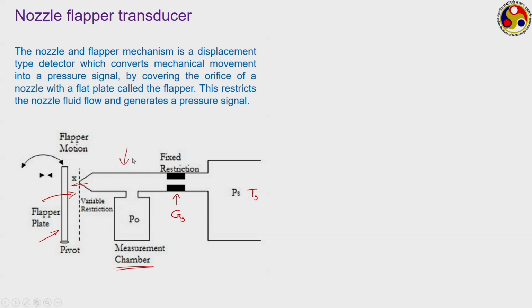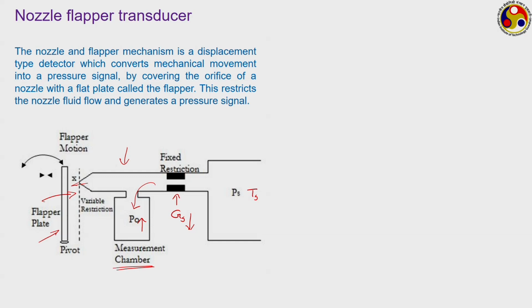As that goes down, more and more mass starts entering this measurement chamber, thereby causing an increase in the value of P naught. But as P naught increases, that will also reduce the value of this Gs itself, thereby creating some kind of inequilibrium, and once the flapper plate location becomes fixed, then ultimately it will become stabilized.